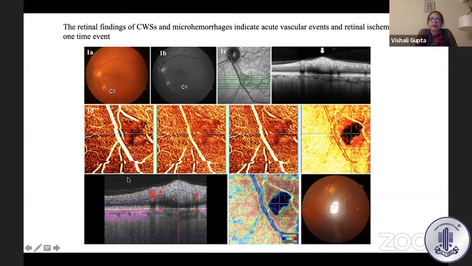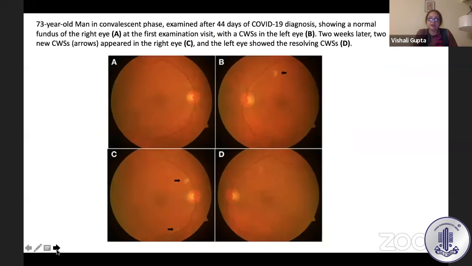You can see the area of non-perfusion, which was not a one-time event, as I will show you. This is an example of a 73-year-old man. When we scanned him in the ICU, he was doing fine, nothing in the retina.